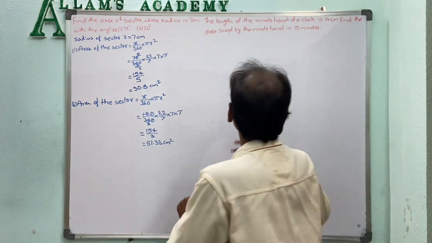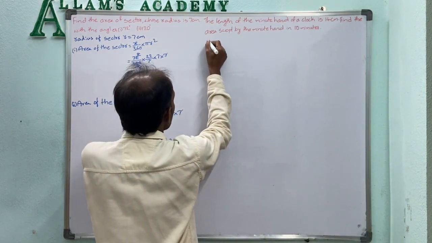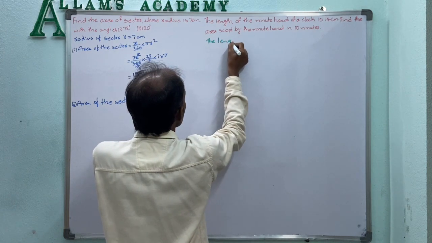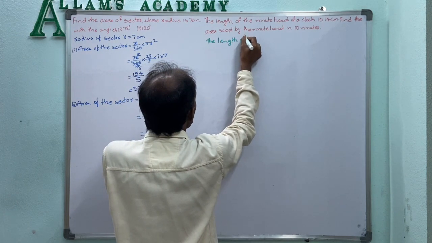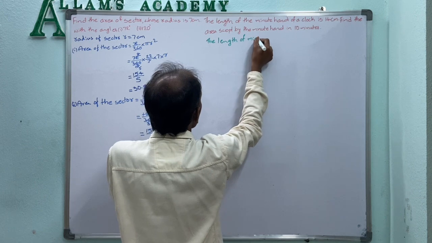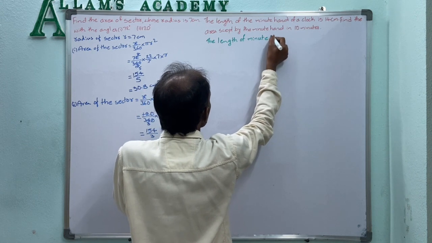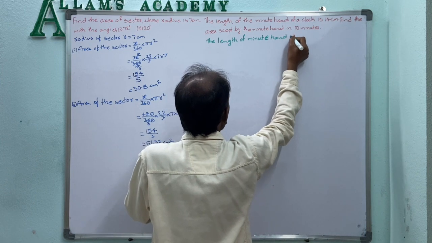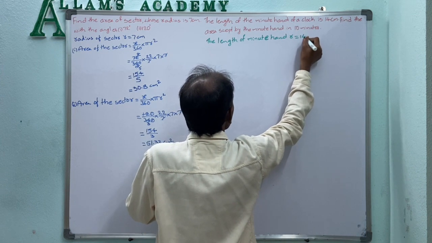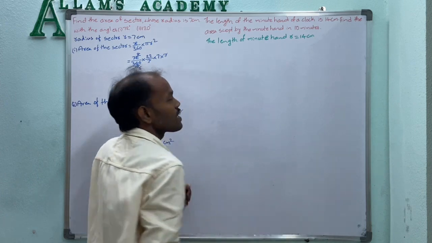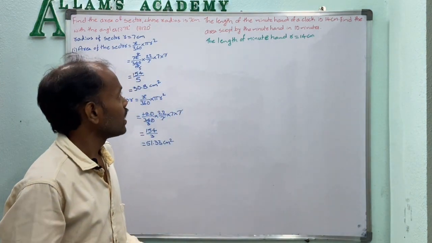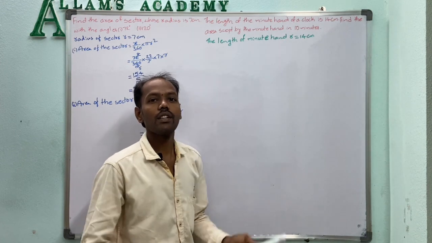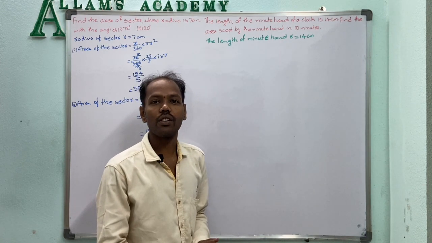So here the length of the minute hand is nothing but the radius of the circle, that is 14 centimeters. In 10 minutes how much angle it will make, that we want to know.